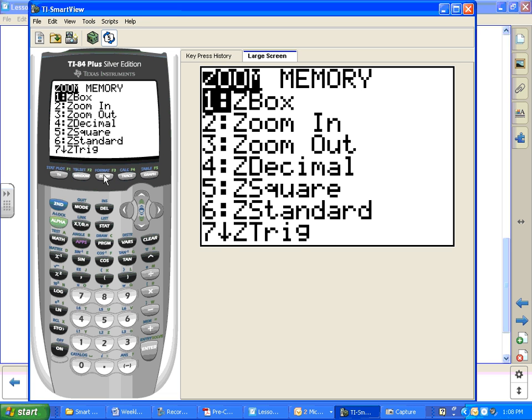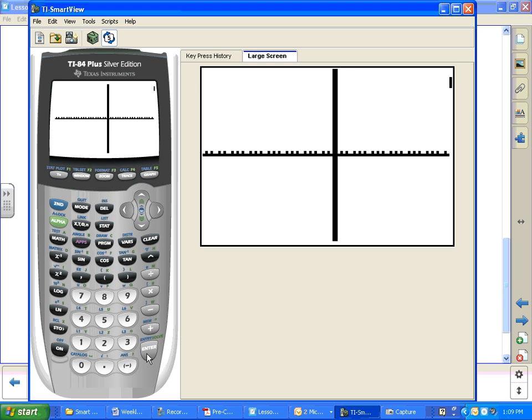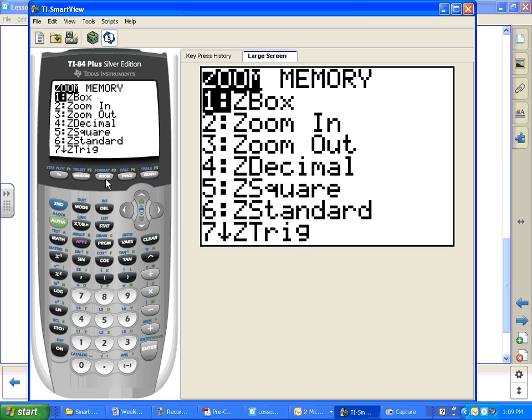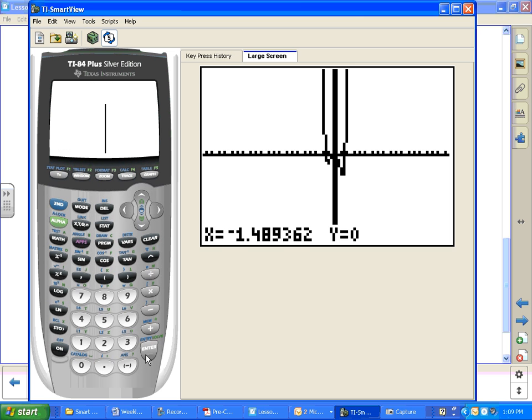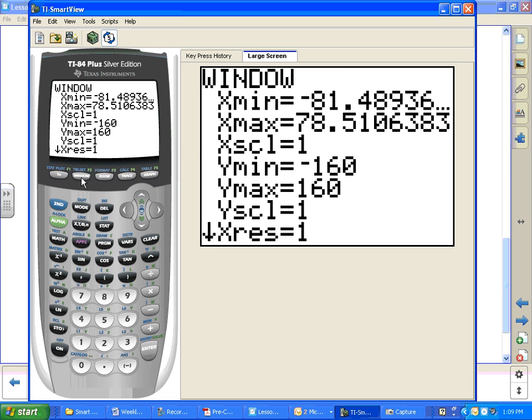Zoom out. Enter. I could be really crazy with it and zoom out again. Now let's look at our window. Here's our window, negative 81 to positive 78.